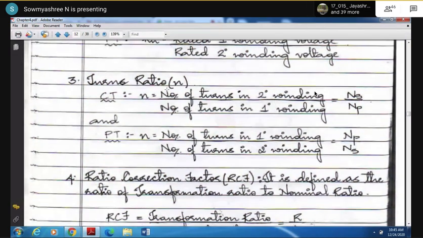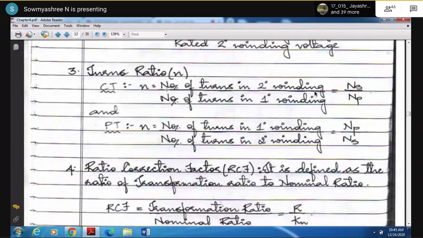Clear? So the next is ratio correction factor, which we denote as RCF. What is this? It is defined as the ratio of transformation ratio to the nominal ratio. Transformation ratio is denoted by R and nominal ratio is denoted by Kn.